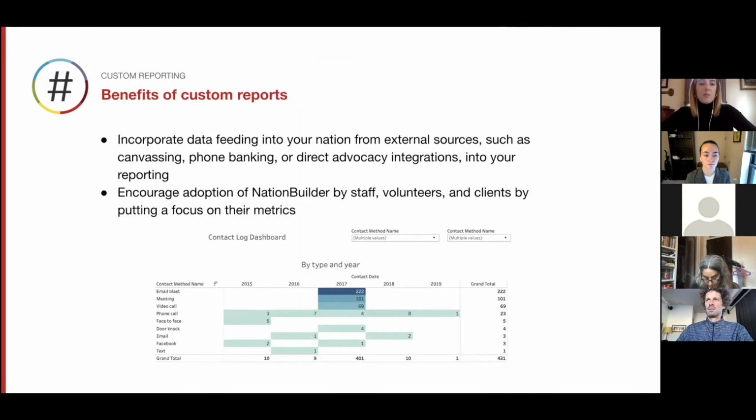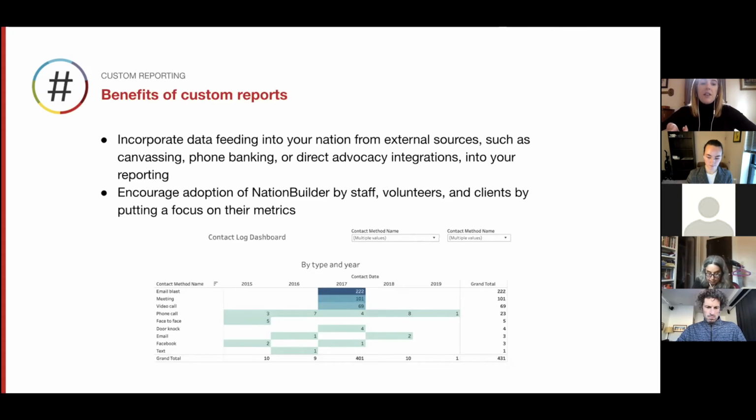So if you're using something for canvassing, phone banking, or direct advocacy, and that data is coming back into NationBuilder, you can include it in your insights reporting and pull together aspects of the person's profile in NationBuilder and the activity we have about them: which Congress people they reached out to, which campaigns they participated in. All of that data can be pulled together, making it all that much more valuable.